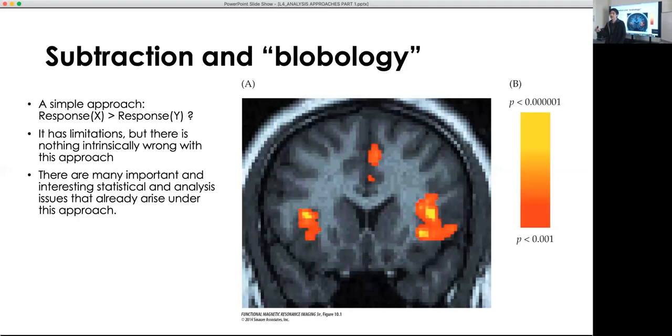It's not like a random speckle. Let's say only 1 cubic millimeter of the entire brain preferentially activates to whatever you're studying, and let's say it activates only 10% more compared to something else. Is that important? Again, it just depends on your theory of the brain. It's not a statistical issue anymore.